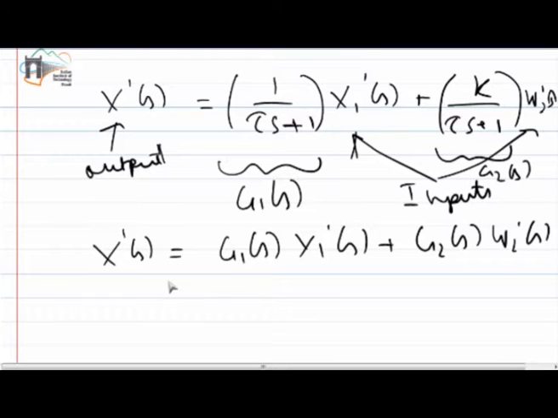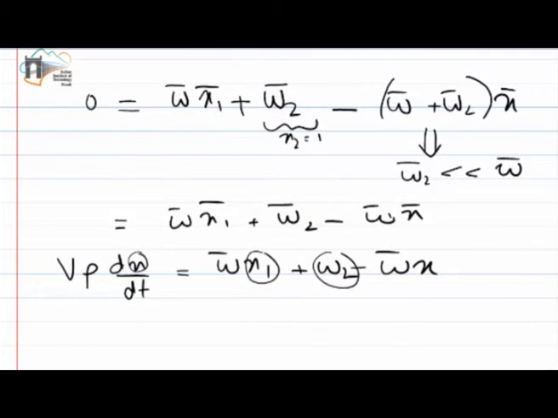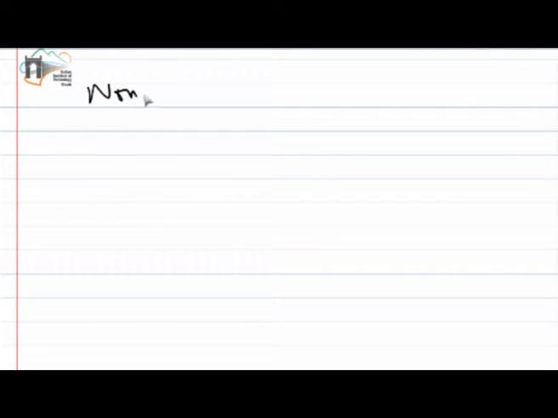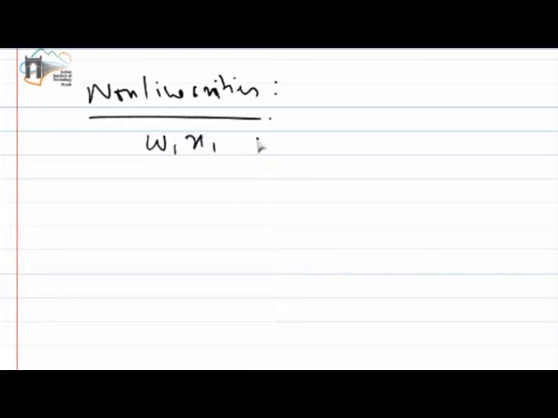And why do we have this linear system? Because of the assumptions we made previously. Suppose we didn't have these assumptions, then the system would be highly nonlinear because of the multiplication of w1 and x1. The nonlinearities appear in the system because of the multiplying factor w1 x1.